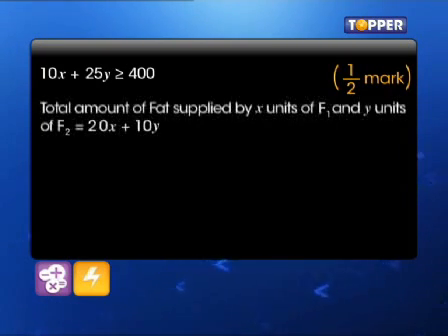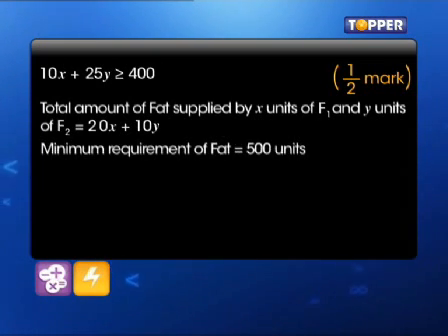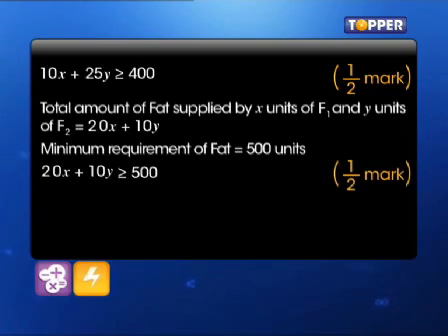Similarly, the total amount of fat supplied by X units of food F1 and Y units of food F2 is 20x plus 10y. And the minimum requirement is 500 units. Therefore, 20x plus 10y should be greater than or equal to 500. And you get half a mark more.